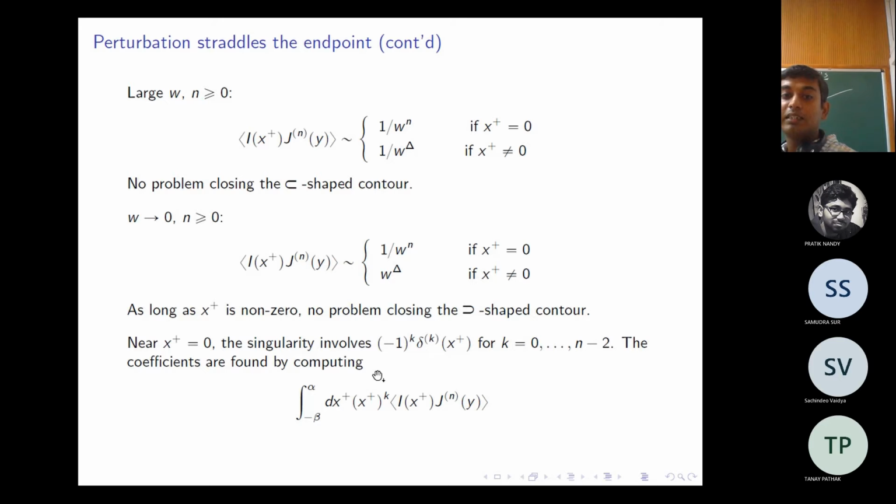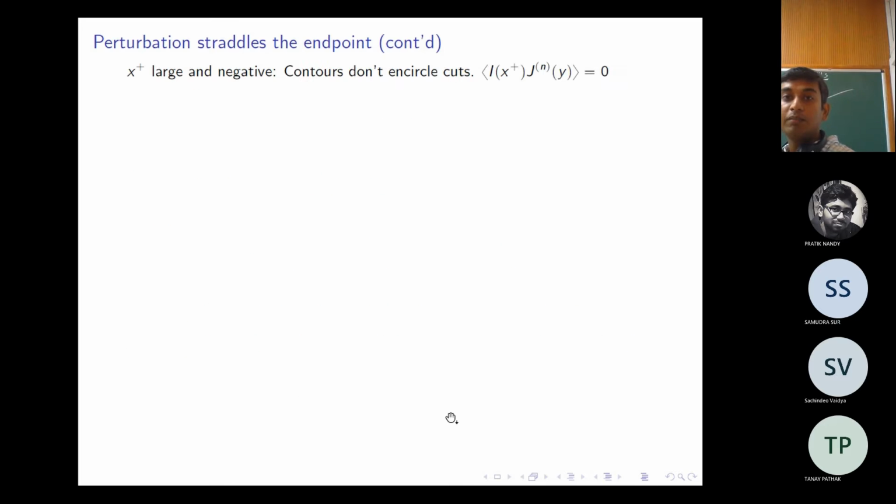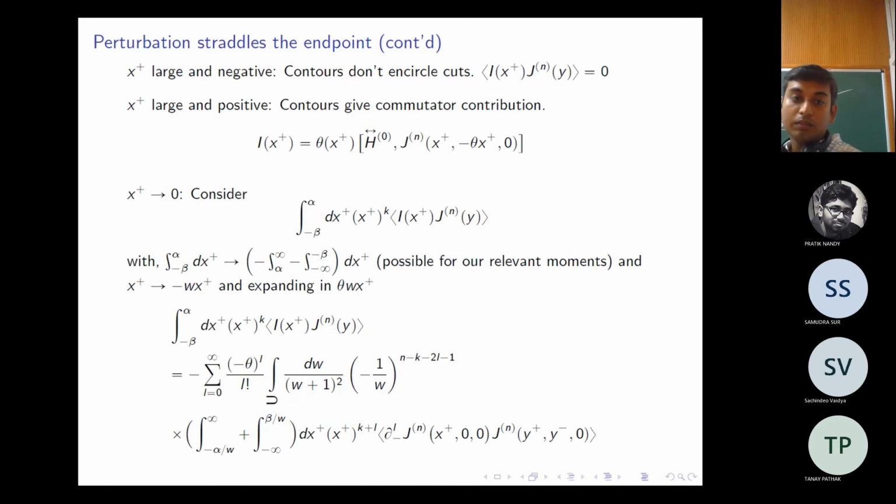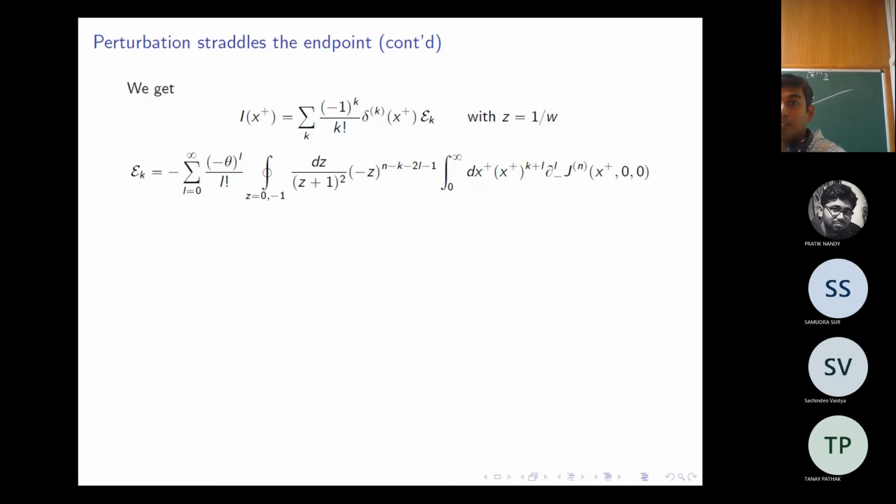So to extract their coefficients, we studied this x plus to the k, I x plus, j and y, and if you do the computation near x plus equal to 0, then you can find out that essentially the result looks like this.